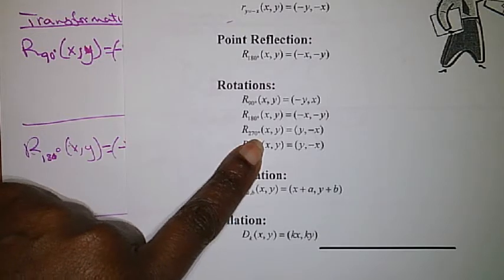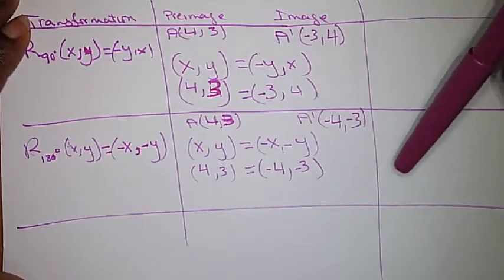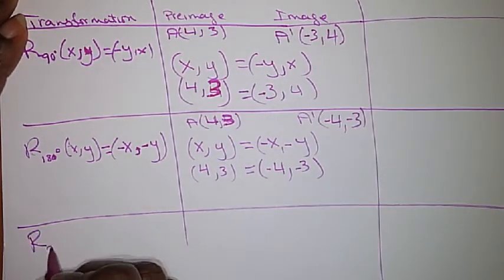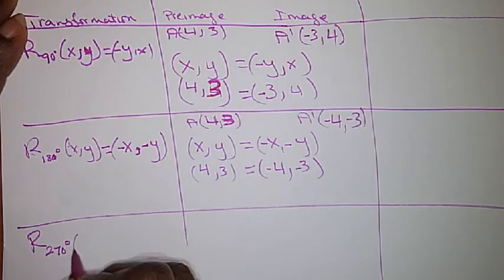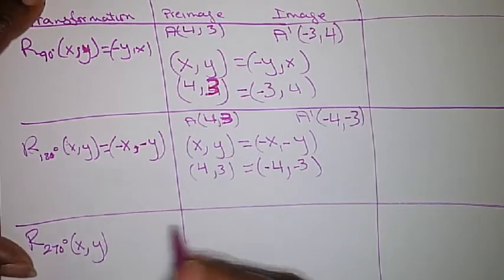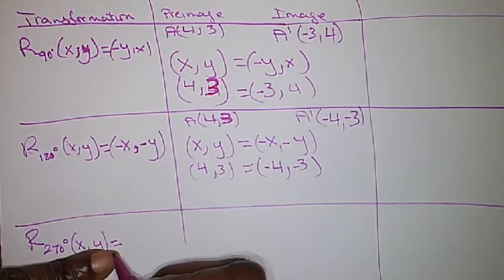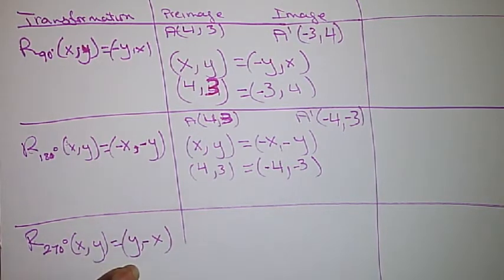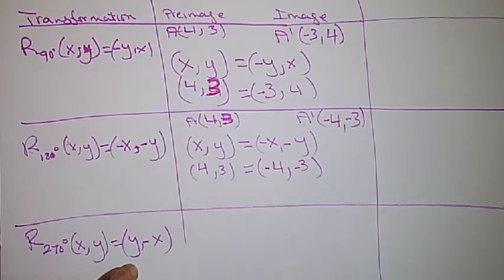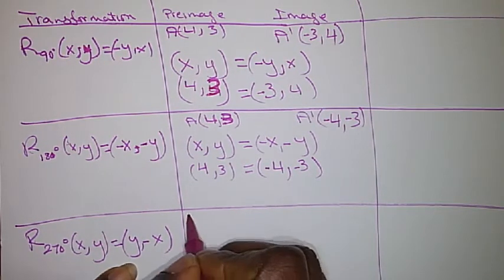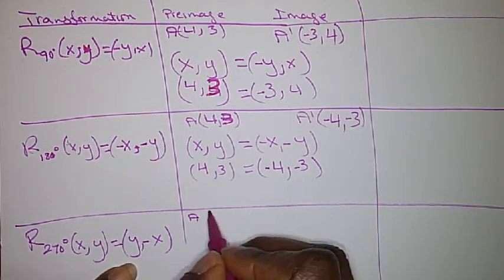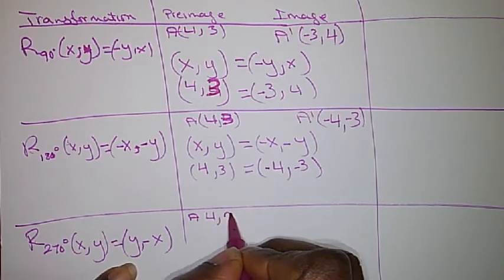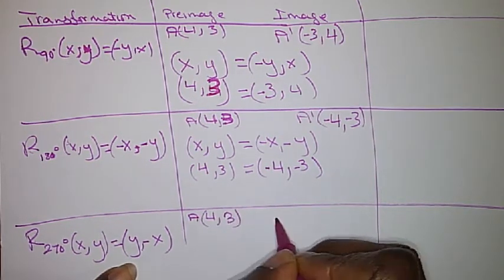So rotation 270 degrees, (x, y), and the rule here is (y, negative x). So we are switching positions. Again, I'm repeating myself, but this helps me.